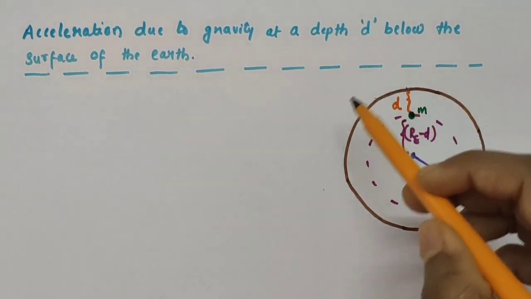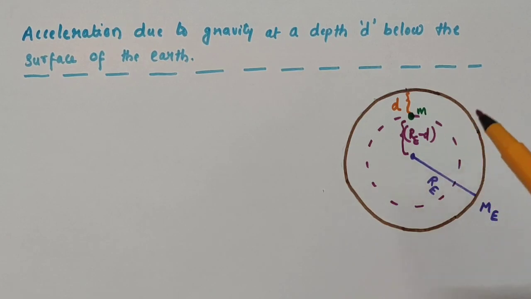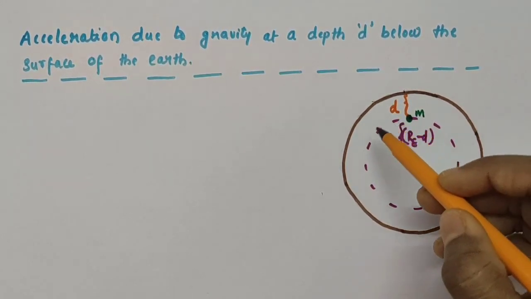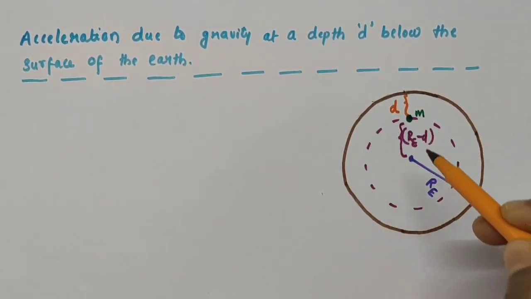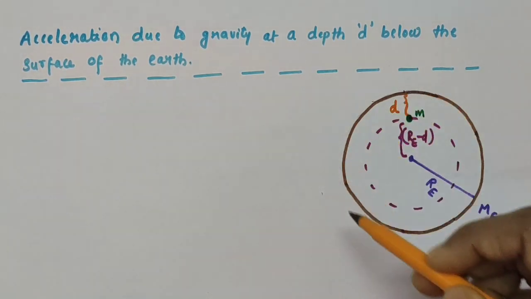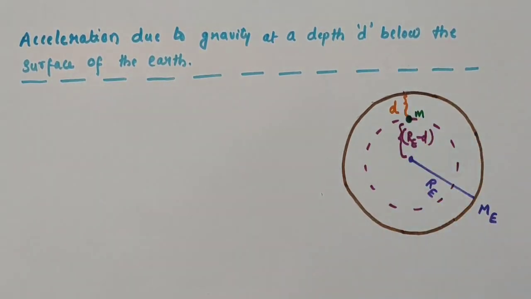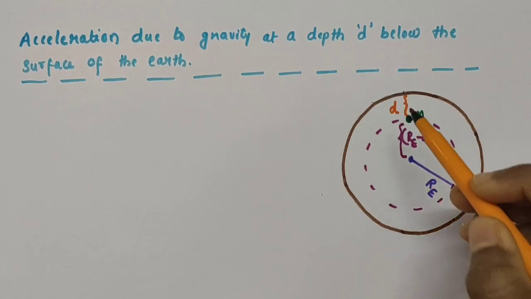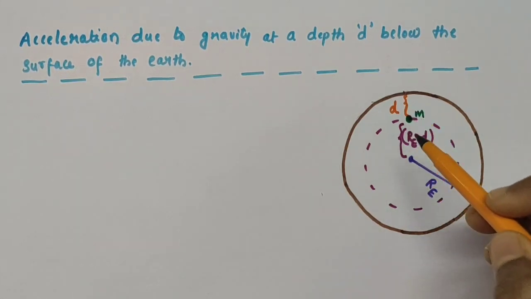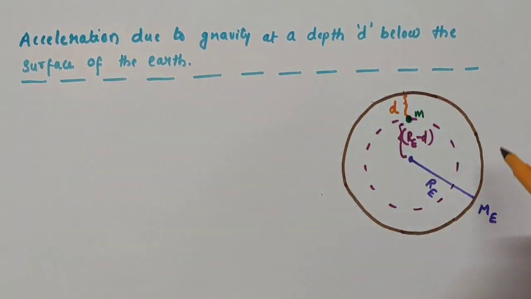Now, see, this earth can be thought of as being composed of a smaller sphere of radius Re minus d and a spherical shell of thickness small letter d. The force on this point mass small letter m due to this outer shell of thickness small letter d is 0. We already discussed about this.